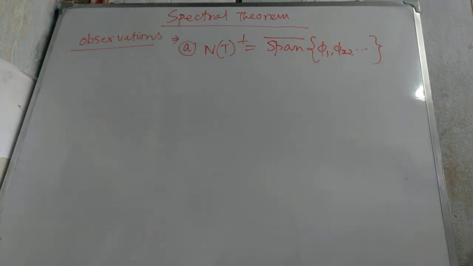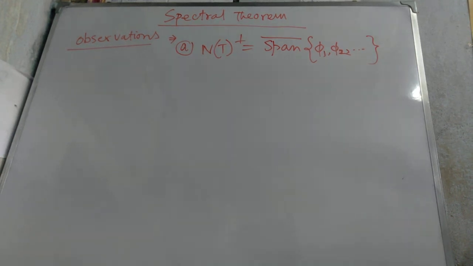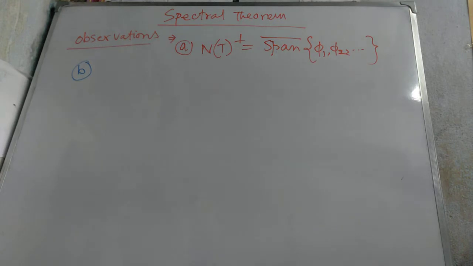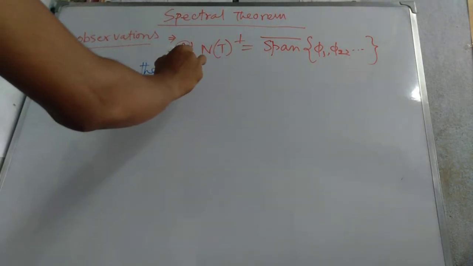That means the null space of this operator T, perpendicular, is also represented by the span of phi 1, phi 2, and so on, these eigenvectors.